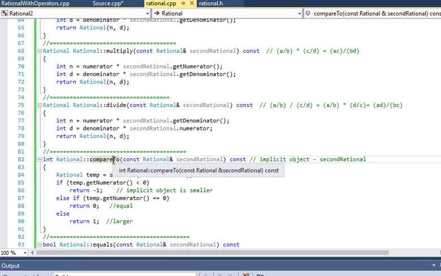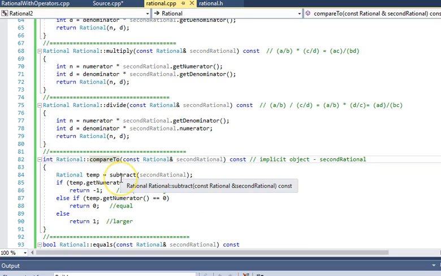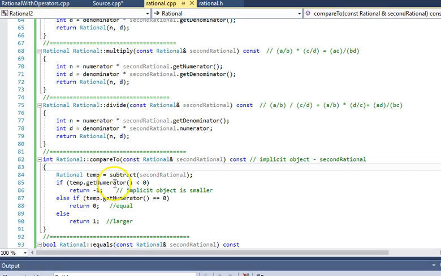The function compareTo uses the subtract function to compare the two rational objects. Basically, the parameter secondRational is subtracted from the implicit rational object. If the numerator is less than 0, meaning the result of that subtraction is negative, then the implicit object, the object that's making the call, is smaller, and the return value is -1.